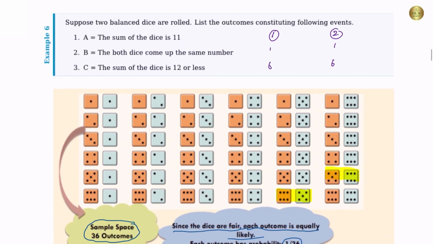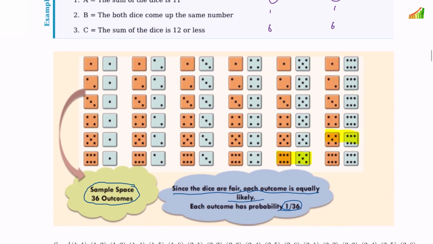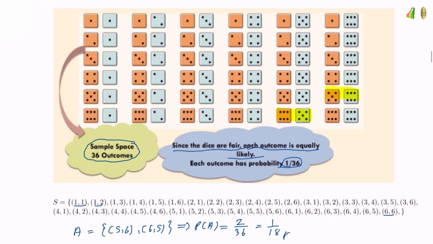Then go to B. Both dice come up the same number. Okay, with the same number. So what are the elements of B then? Same number, you see here: (1,1), (2,2), (3,3), (4,4), (5,5), (6,6).